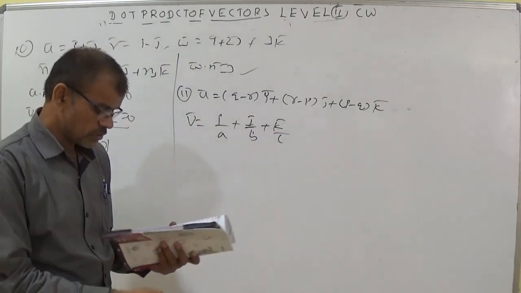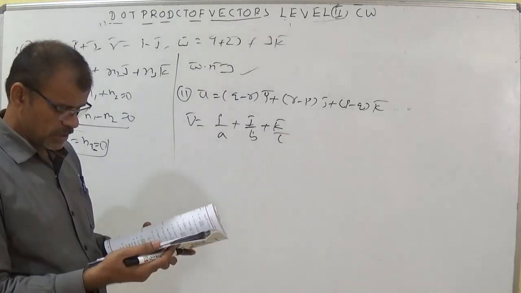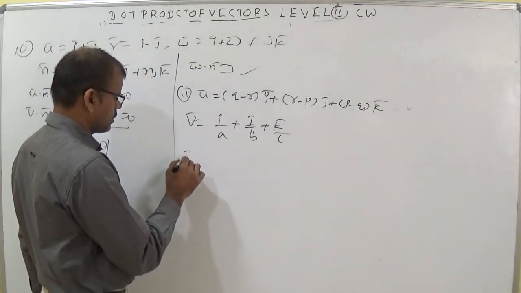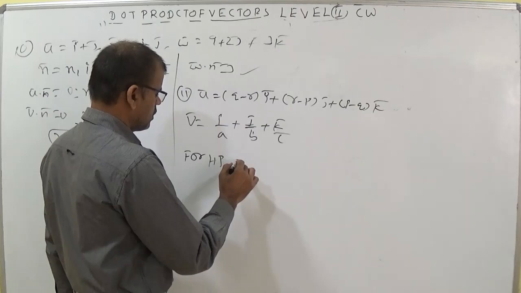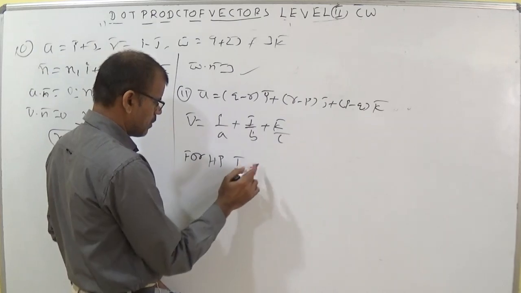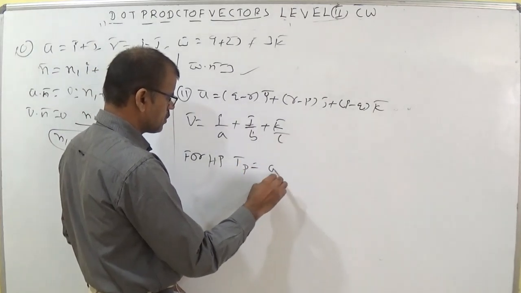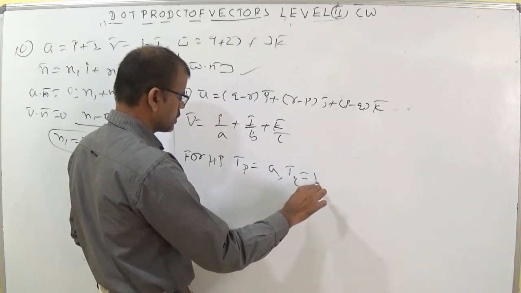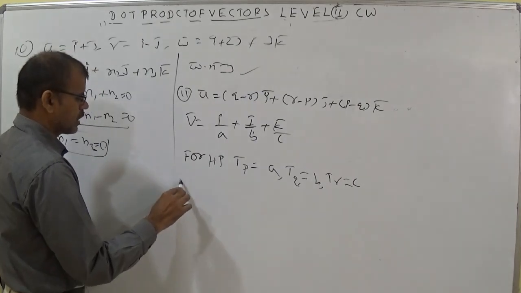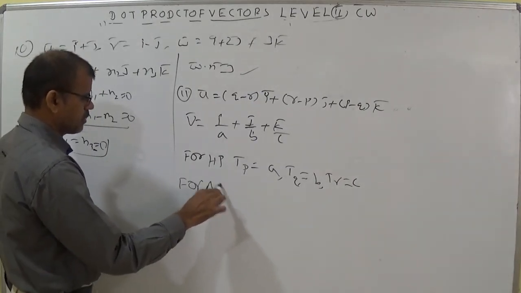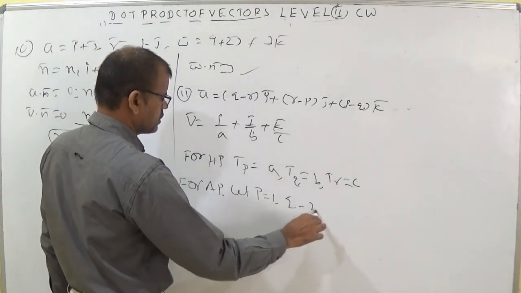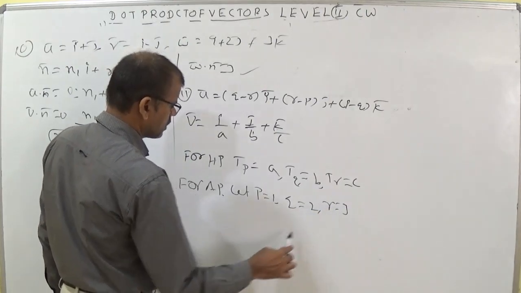Then according to the options, we should verify the condition. A, B, C are the pth, qth, rth terms of an HP, a harmonic progression. Tp is equal to A, Tq is equal to B, Tr is equal to C. For the AP, let p equal to 1, the first term, q equal to 2, the second term, r equal to 3, the third term.